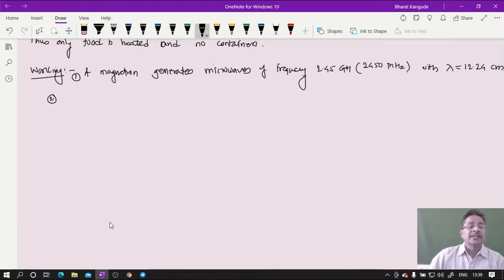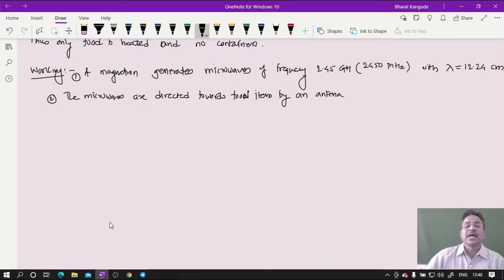Microwaves are directed towards the food item by an antenna, which is not shown in the side diagram.